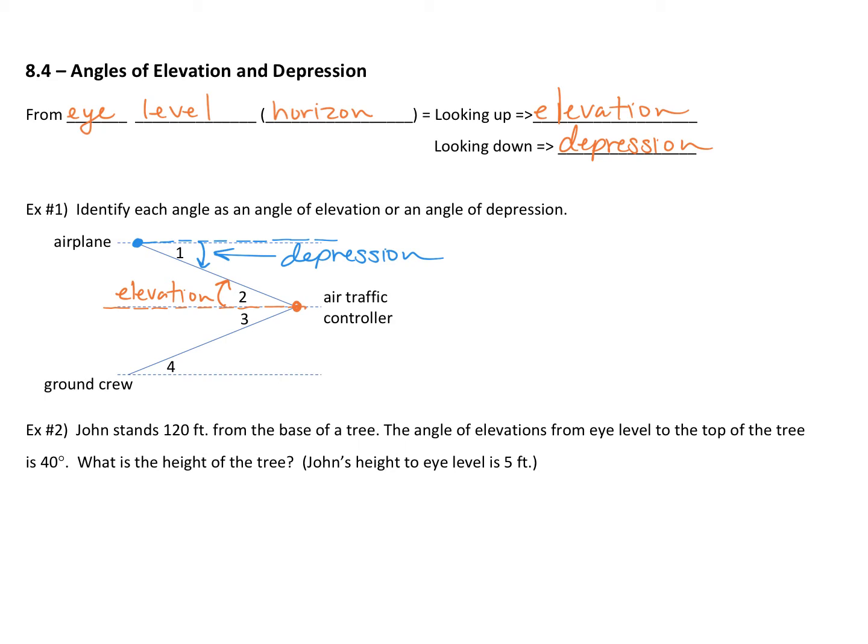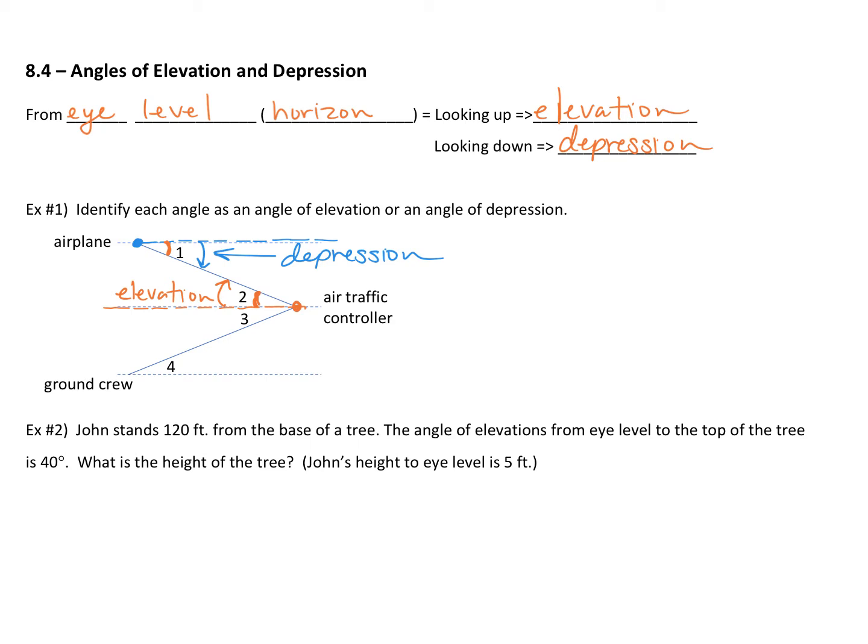What do you know about angles 1 and 2? They're alternate interiors. They're equal, right? One is an angle of depression, one is an angle of elevation, but they are equal angles because we have parallel lines with a transversal. So keep that in mind. You do have alternate interiors that show up sometimes here.